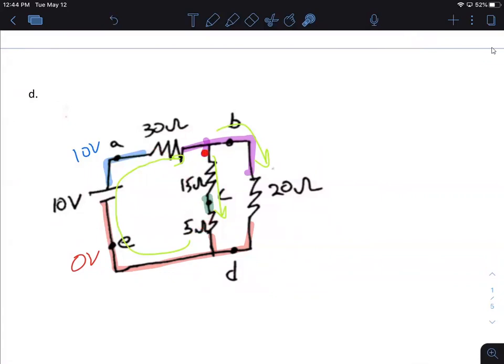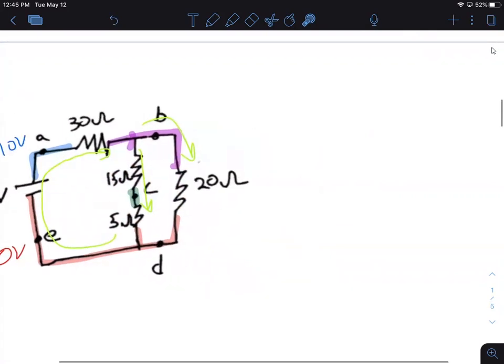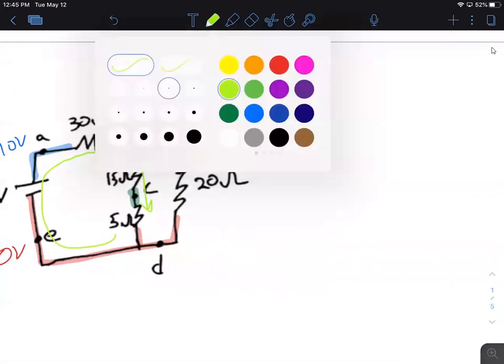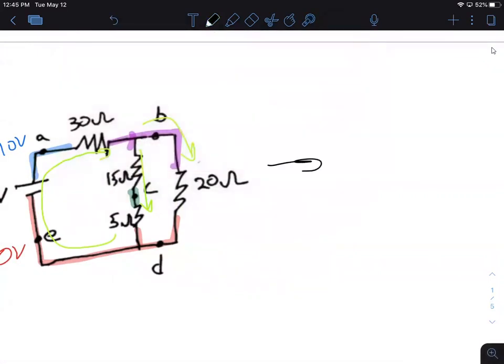These are in series, one loop. So I can add these, that's 20. This one's also 20, so that's combinable. So we got this, we still have the 30. I guess we'll draw this step in.